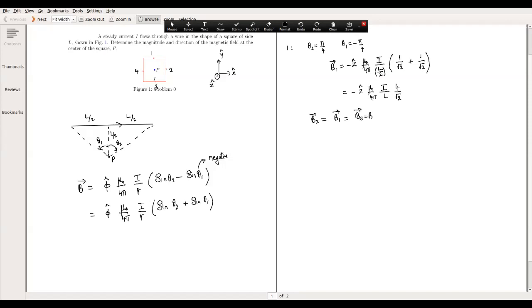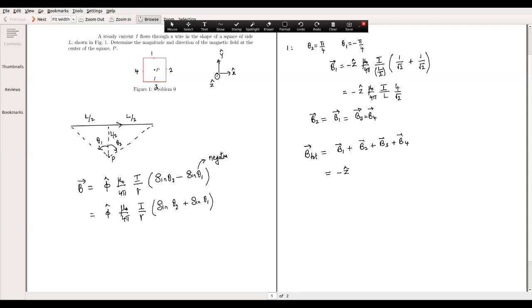And that's B4. So the total magnetic field at the center of the square is B1 plus B2 plus B3 plus B4. It is going into the whiteboard, which is minus z hat in the coordinate system expressed here.